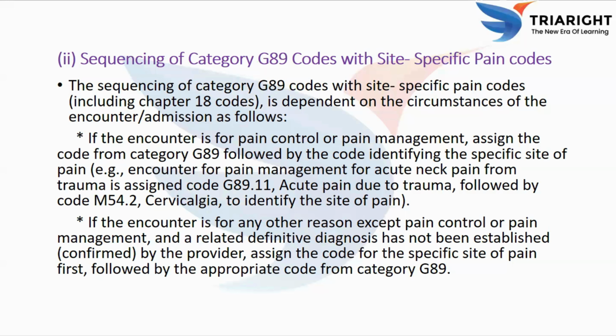For example, a patient comes with chronic knee pain and the diagnosis is not yet confirmed. You code M25.561 for the pain first, and then G89.29, other chronic pain, second, because the purpose of the visit is not pain management, only evaluation. So this is about how you sequence G89 codes with site-specific pain codes.